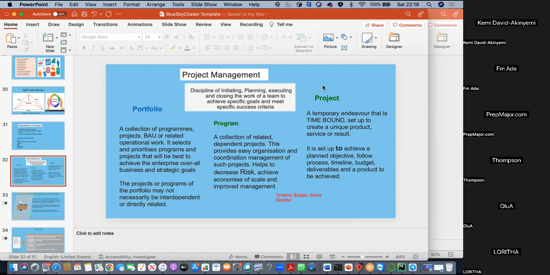Don't forget what I said. The reason we bring them together is because it gives us easy organization and coordination. So in essence, it would help us to reduce risk.